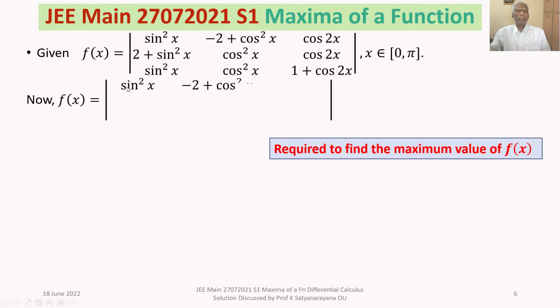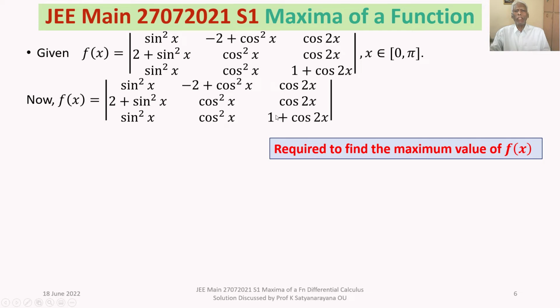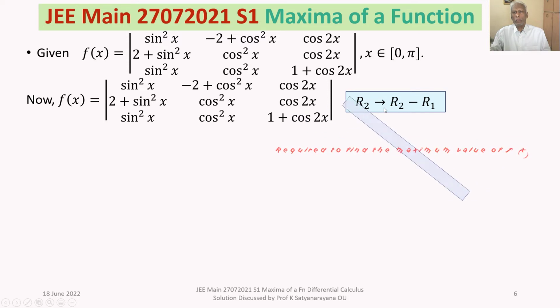Now f of x is this 3 by 3 determinant, and to evaluate this we will utilize elementary row operations, and we perform R2 implies R2 minus R1.